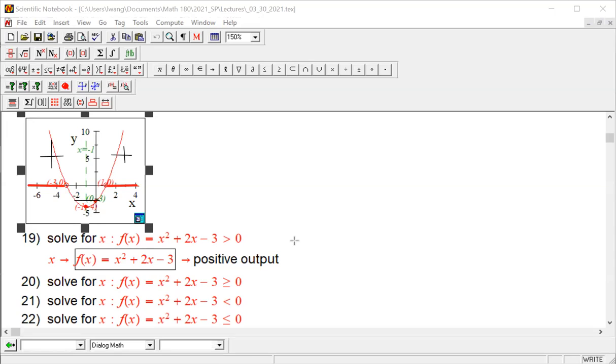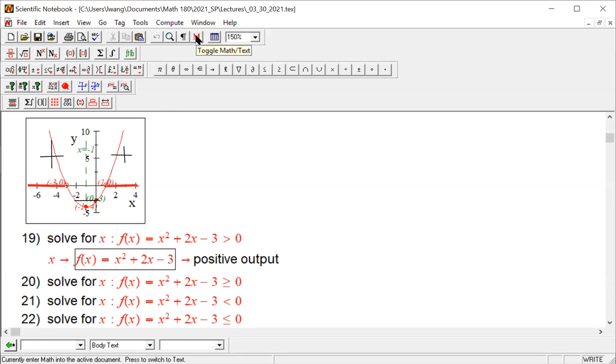Can you write down the solution? The solution for number 19 would be what? It would be x less than -3 or x larger than 1.